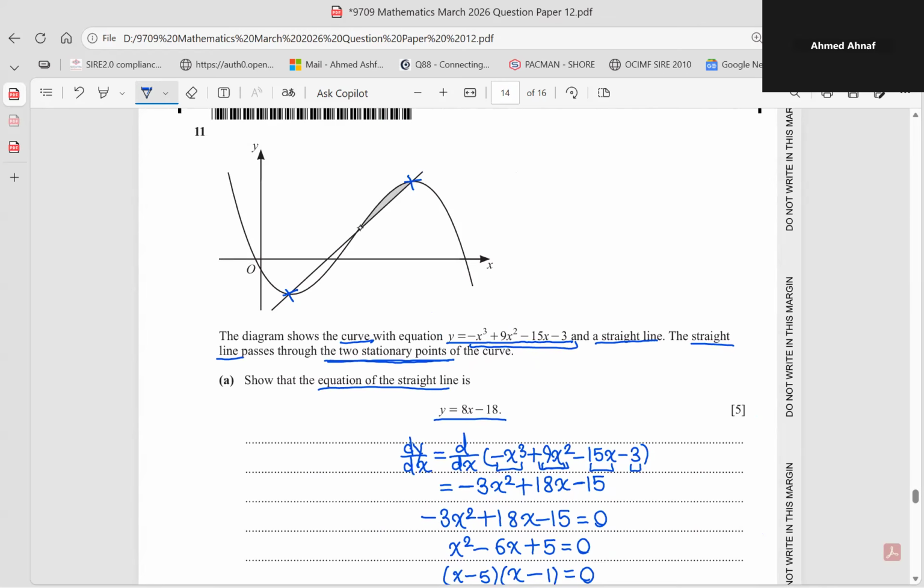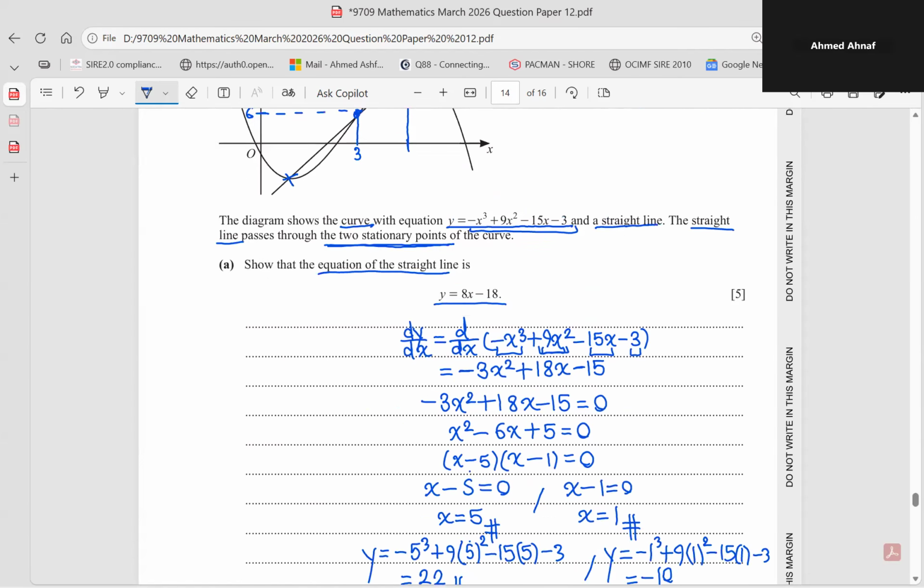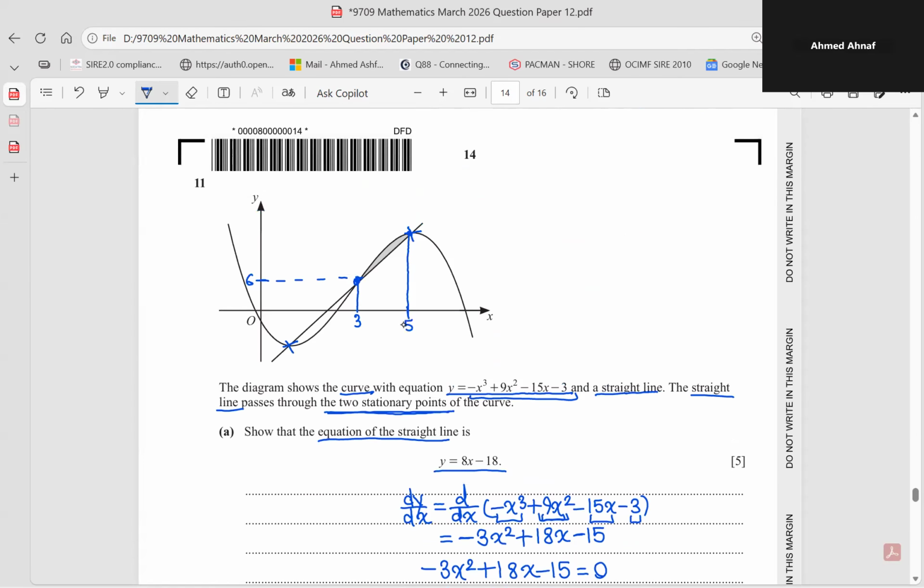To find the area of that, it's basically the area under the curve between this point and this stationary point. I believe this point is where x equals 3 and y equals 6, as we found out just now. And this point is the stationary point where x is 5 and y equals 22.